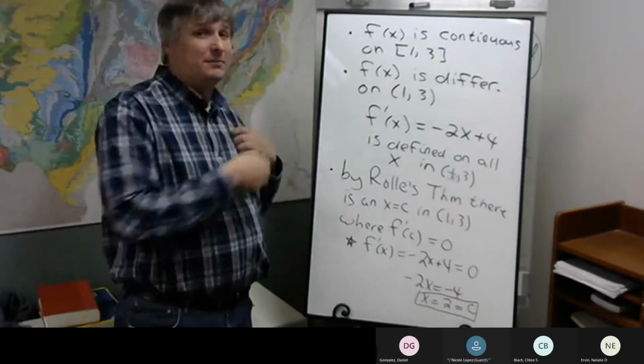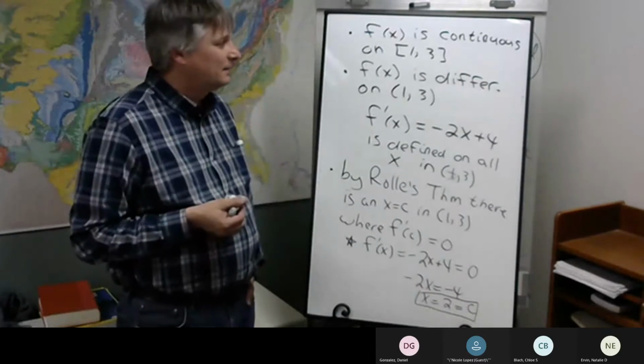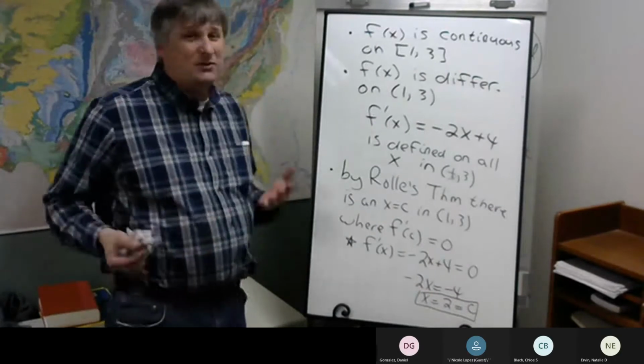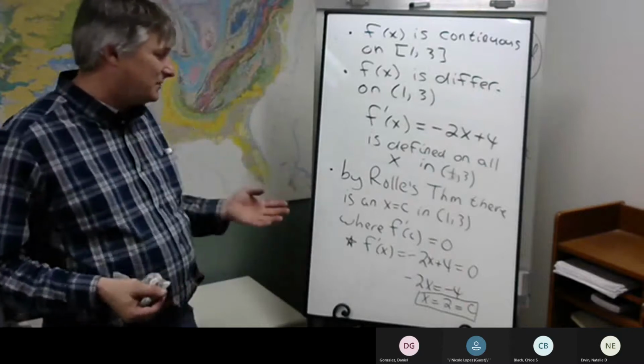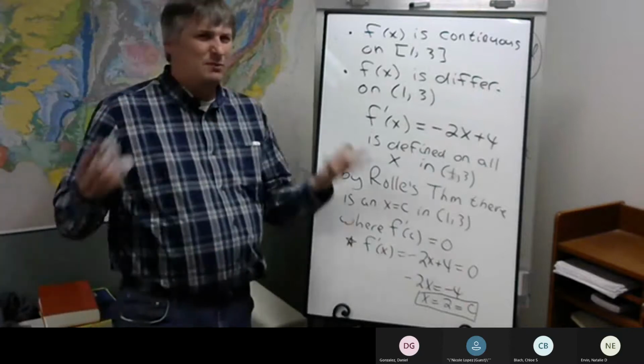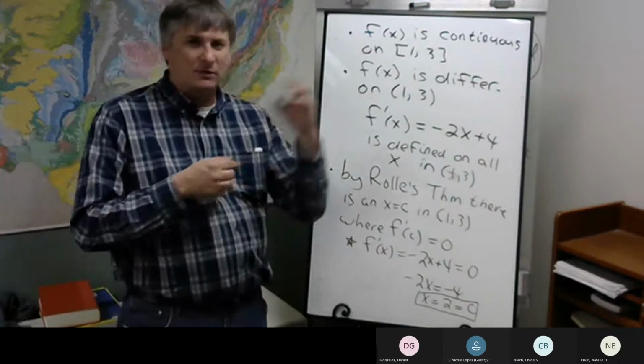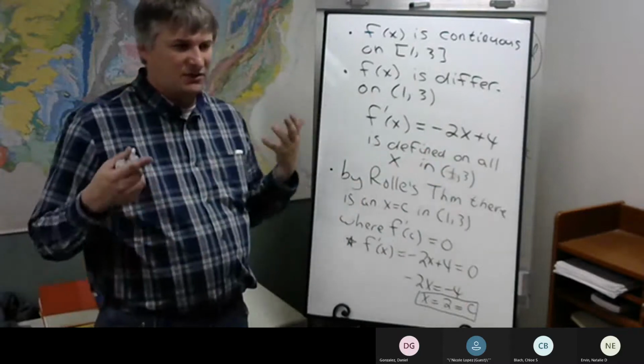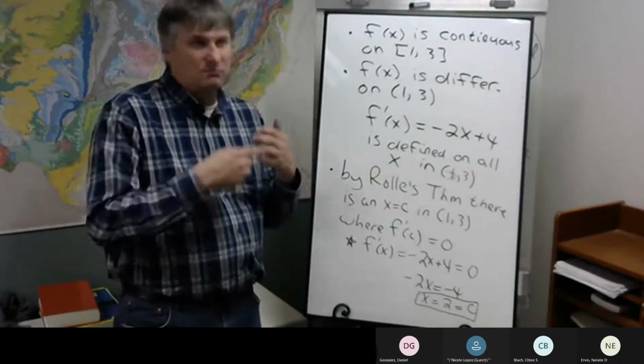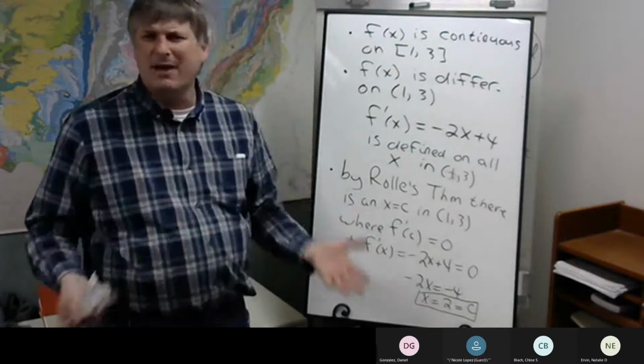So questions about that? So that's how we use Rolle's theorem. It's really just to tell us that this thing has a maximum or a minimum if f of a equals f of b and the function is continuous and it's differentiable. Well, it's not just a max or a min.